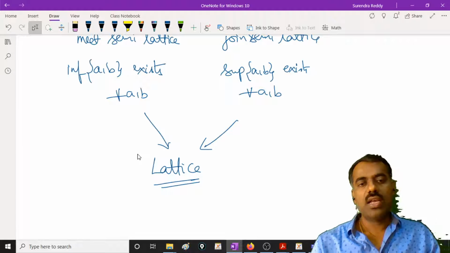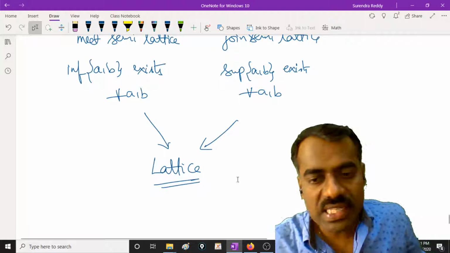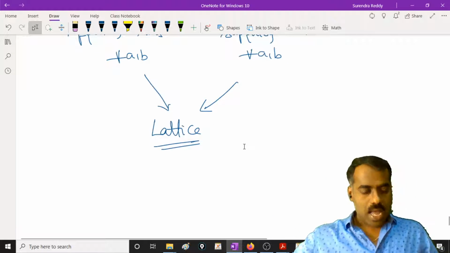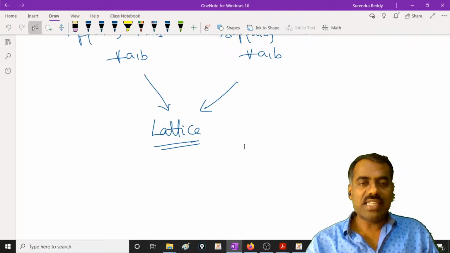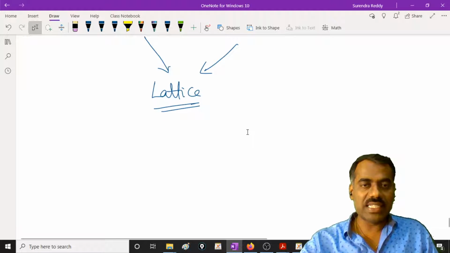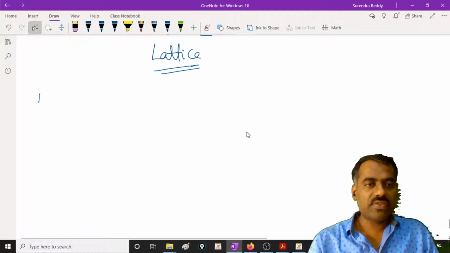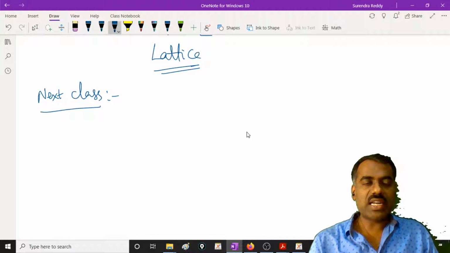Then in the next class, what we will see is the pictorial representation, that means how we can describe or represent our lattice. We'll try to define what is meant by a Hasse diagram.